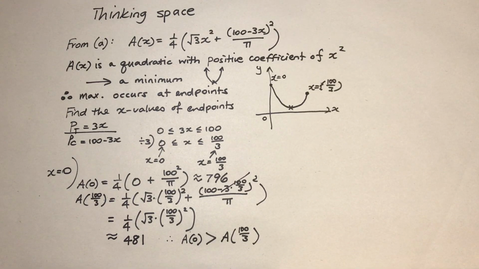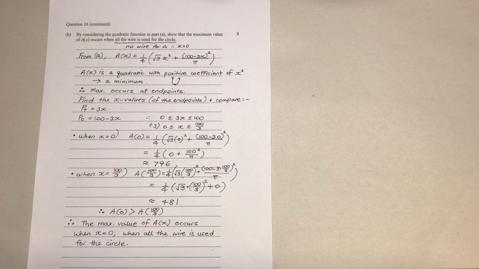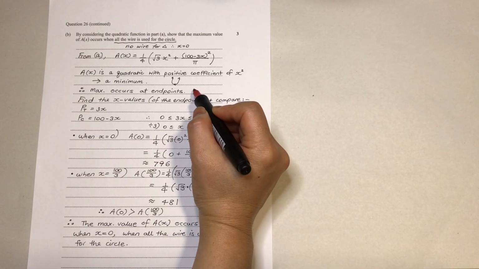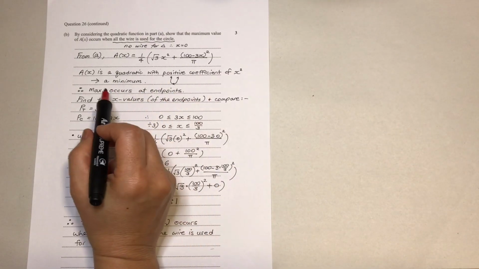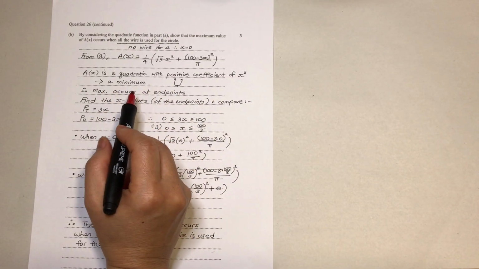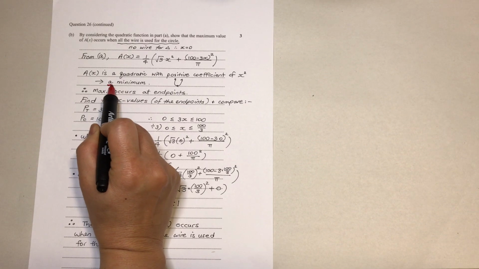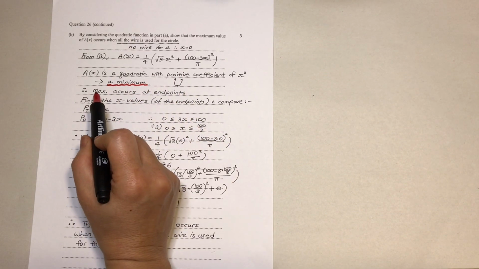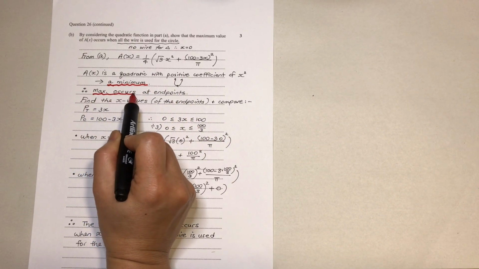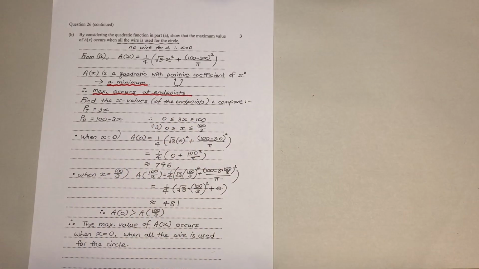So now I'm going to show you what it looks like on the HSC exam paper. Okay, so where are these 3 marks going to go? Let's have a look. This part is very important: that quadratic with positive coefficient of x squared is concave up, therefore it's minimum, and therefore maximum has to occur at endpoints.